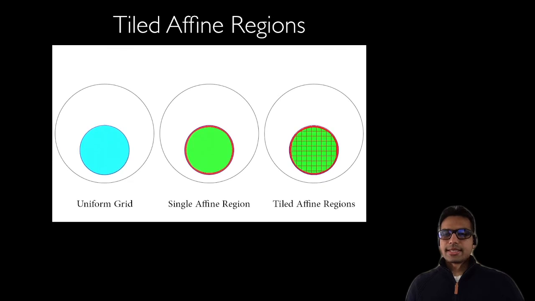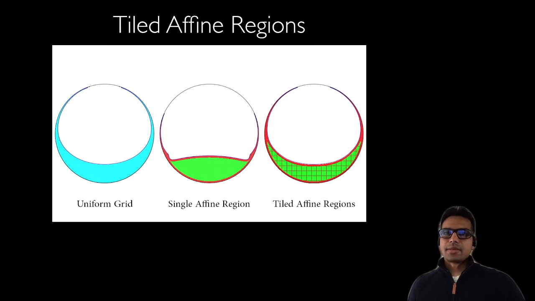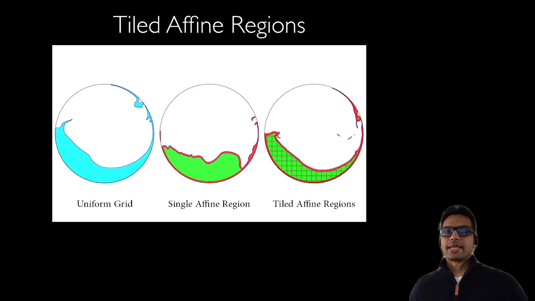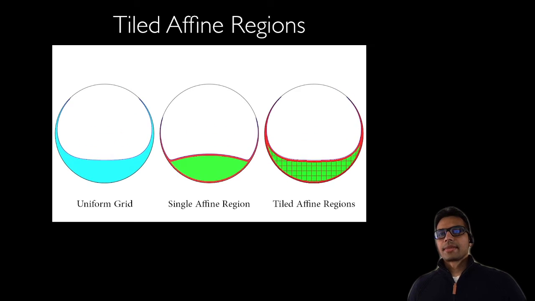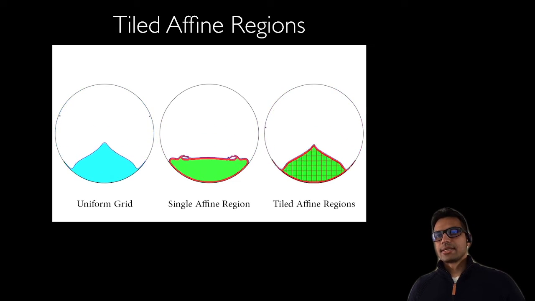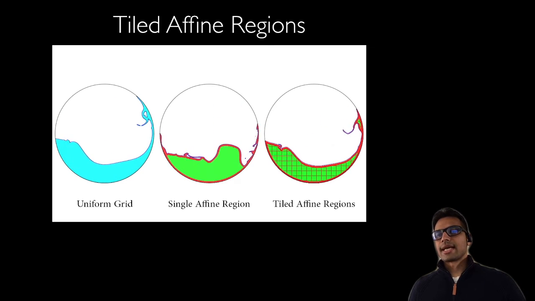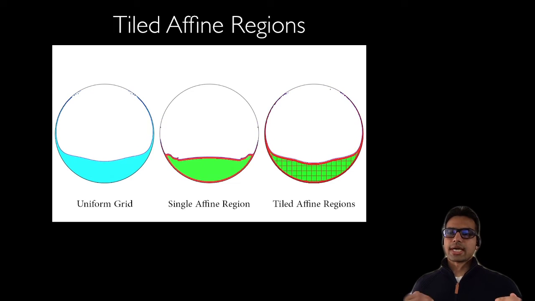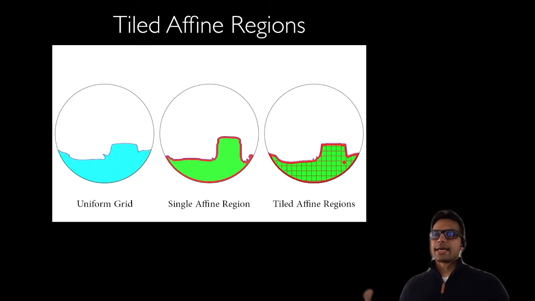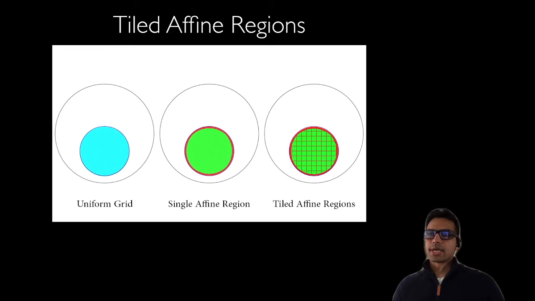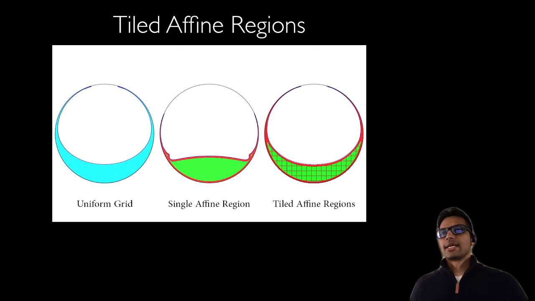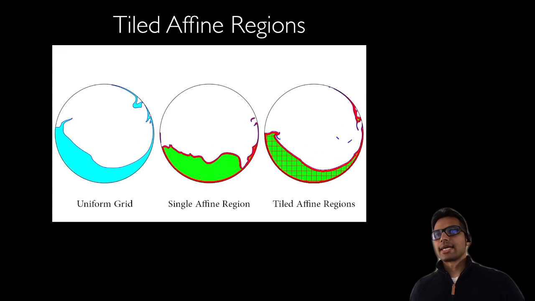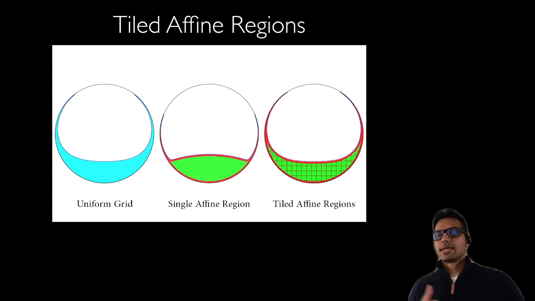And interestingly, we can take this idea a bit further, and rather than having a single affine region, we can have multiple affine regions and basically get a nice method for adaptive liquid simulation. So this is where I wanted to tie up things of why I ended up talking about bubble simulations, because the principles that we learn from bubble simulation can actually be used to design a fast liquid solver.